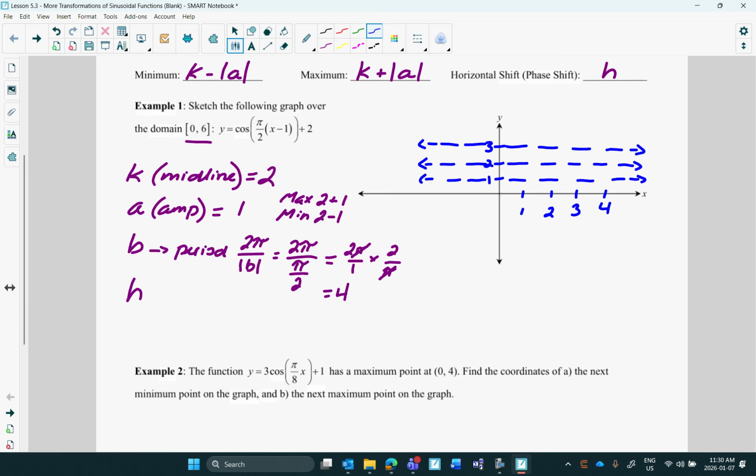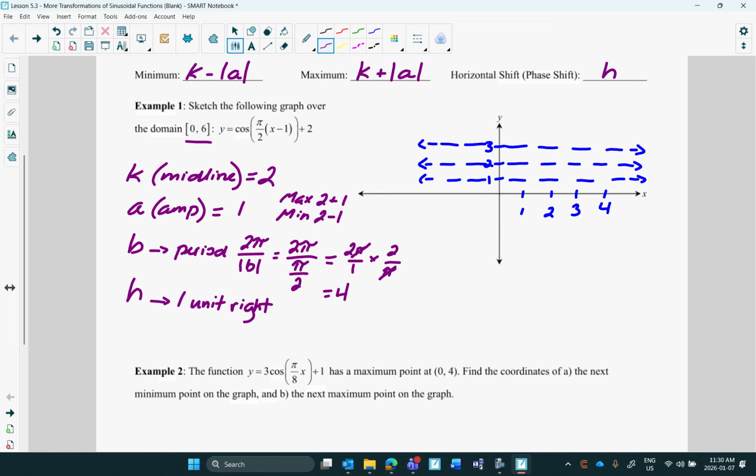We're also going to have a shift. 1 unit. Now, this is where you've got to be careful. 1 unit right does not necessarily mean 1 notch right. It does in this case.